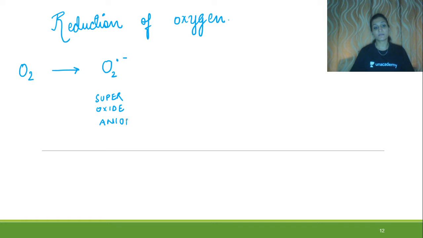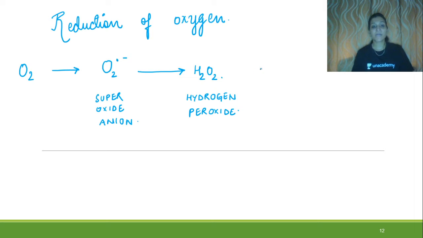The superoxide anion will get converted into hydrogen peroxide. This hydrogen peroxide will get converted into a reactive hydroxyl radical.